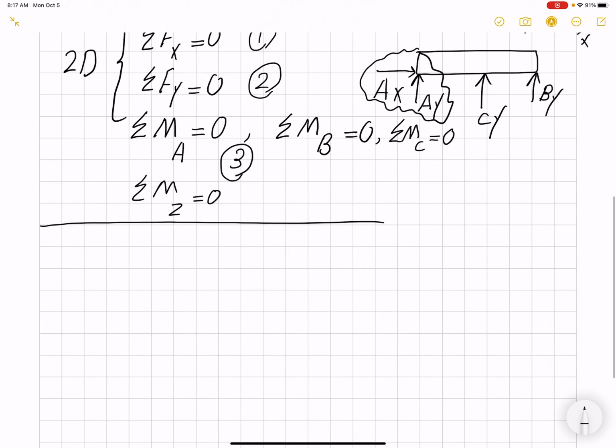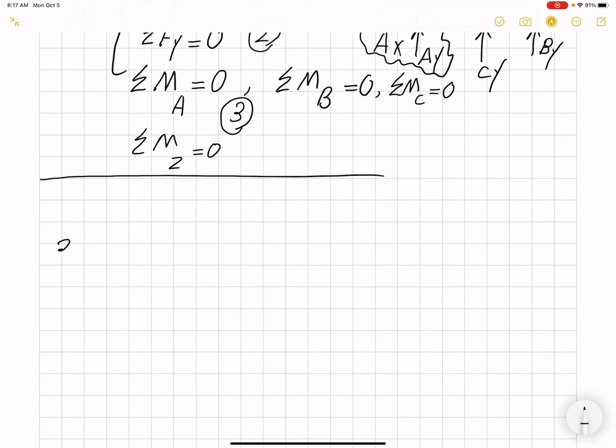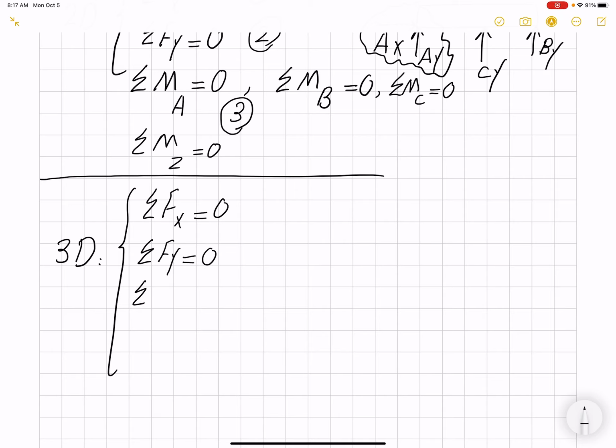And in 3-dimensional, we have summation of forces in x direction, summation of forces in y direction, summation of forces in z direction, and then summation of moment, which in 3D is easier to use the vector definition of r cross F. This will give us 3 components.